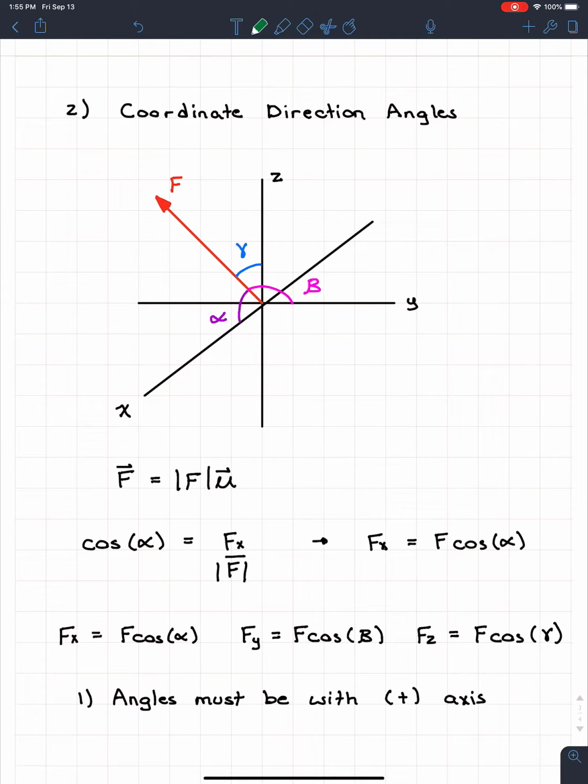If they give you this angle here, from this F all the way down to here in green, you cannot use that as gamma, because it's to the negative z-axis. So what you're going to have to do, and it's very simple, you're just going to go 180 degrees minus that angle, it'll give you gamma. So it's very easy to account for, but it's a little trick that if you're not paying attention, you can use the wrong angle, and then things will start getting messed up.